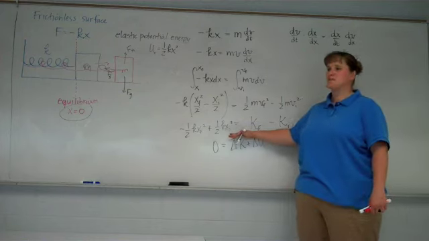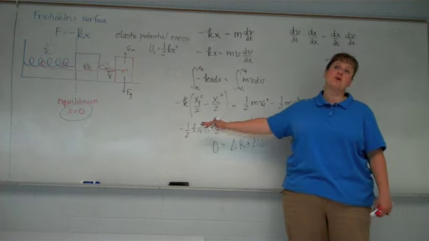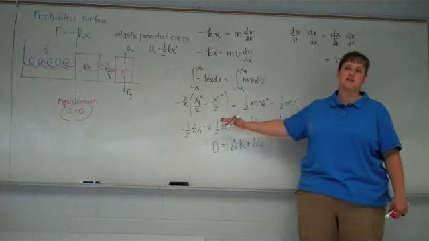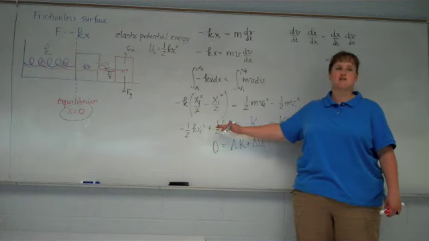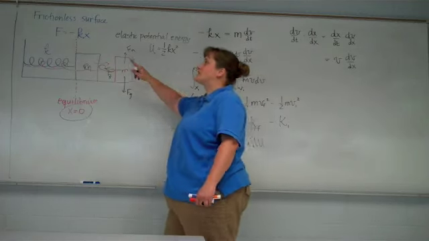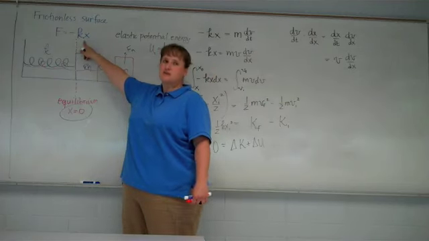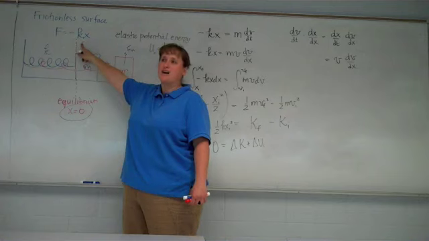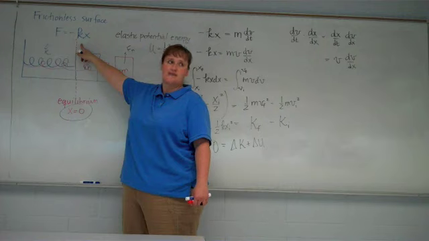This equation is perfectly valid as long as you only have a spring that's causing your object to accelerate. Now the acceleration is not constant, because the force is not constant. So kinematic equations cannot be used if you have a spring. It's just not possible.